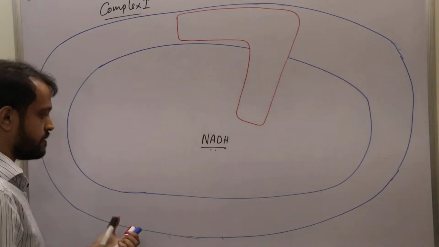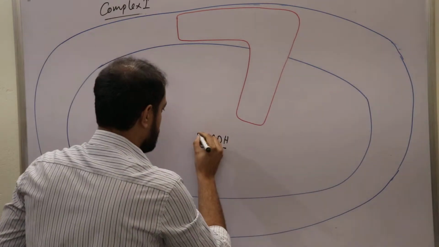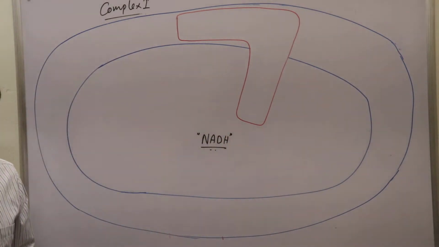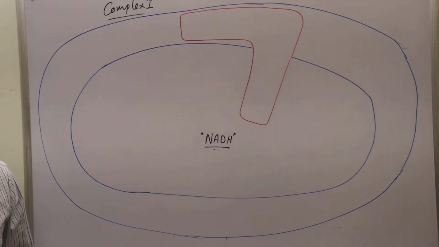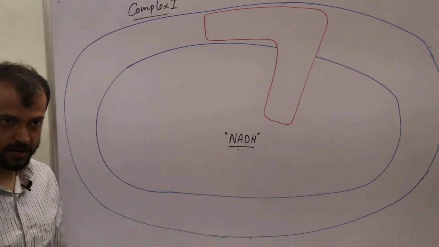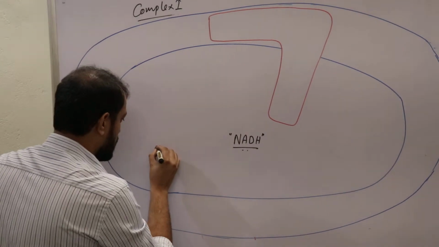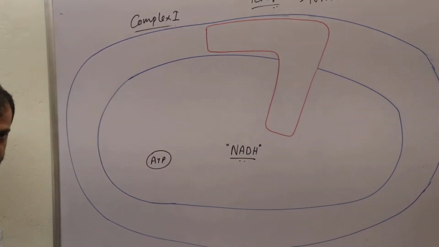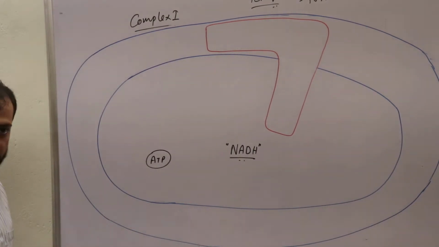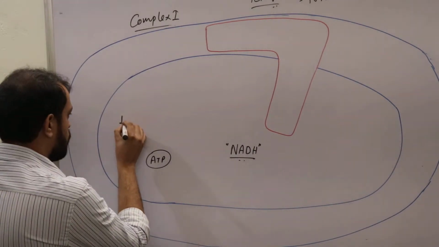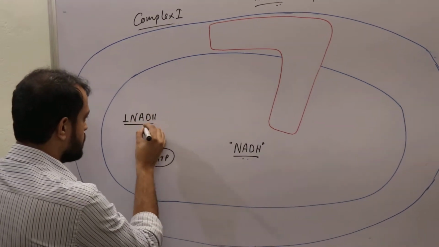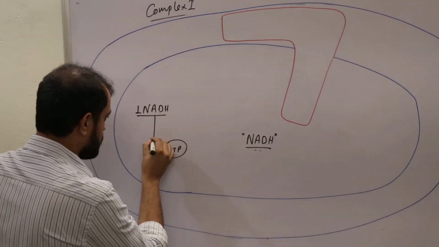Now NADH actually gives 2 electrons, right? NADH gives 2 electrons. Now listen, we want ATP, right? Out of this whole process we want ATP. Now listen, for the oxidation of one NADH, 3 ATP are produced.